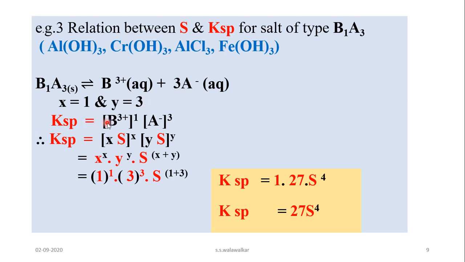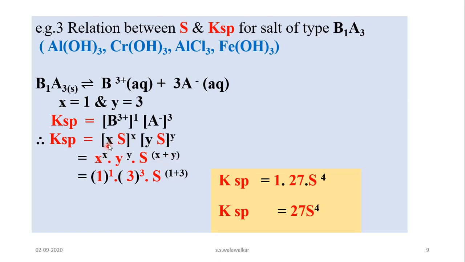Therefore Ksp, the solubility product for this type of salt, is equal to the concentration of B ions raised to 1 into the concentration of A ions raised to 3. Therefore Ksp, where S is the solubility, is X raised to X into Y raised to Y into S raised to X plus Y. This is the general formula.